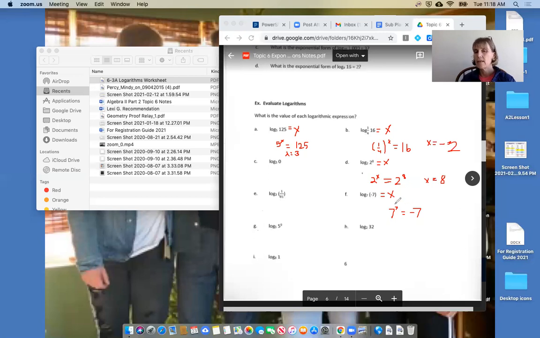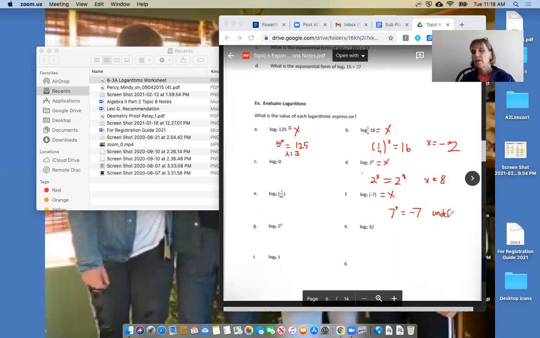If you want to put in a negative number here, if I put in a negative 1, remember a negative exponent does not produce a negative value. It produces a fraction. 7 to the negative first would be 1 over 7. If I made it negative 2, that would be 1 over 7 squared. Nothing that I plug in as an exponent is going to give me anything that's negative. So this is undefined. We cannot do this problem.